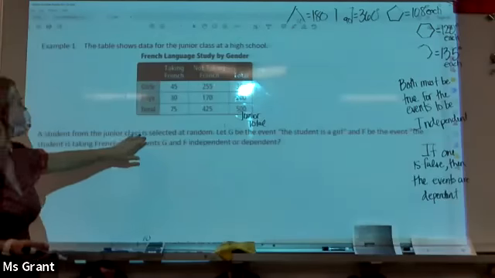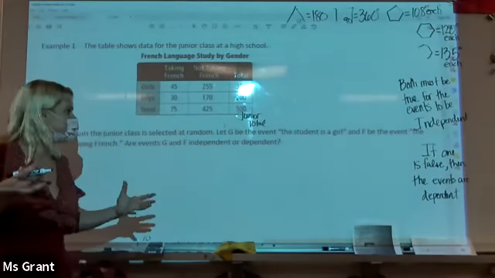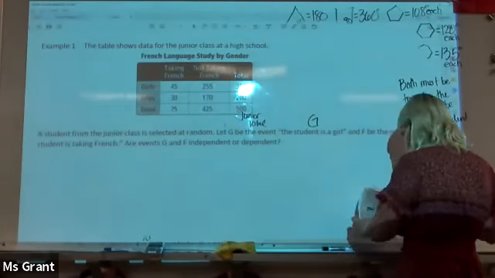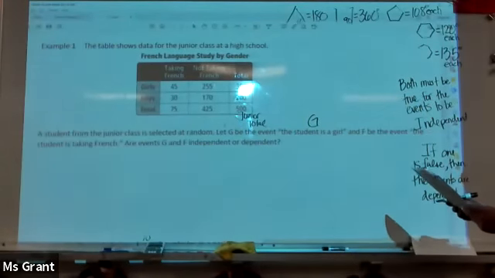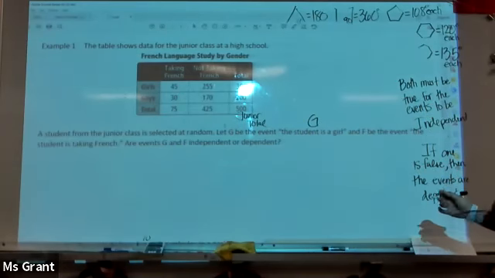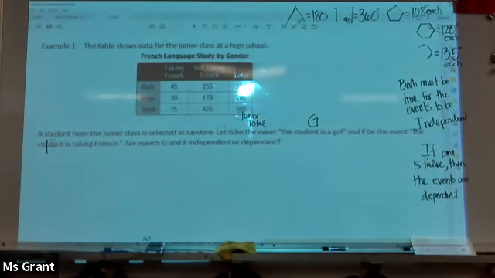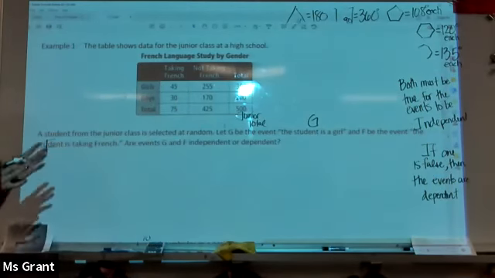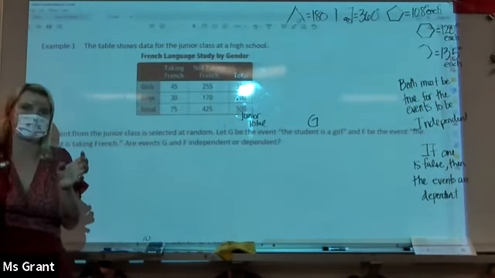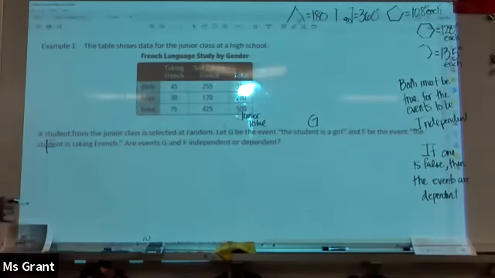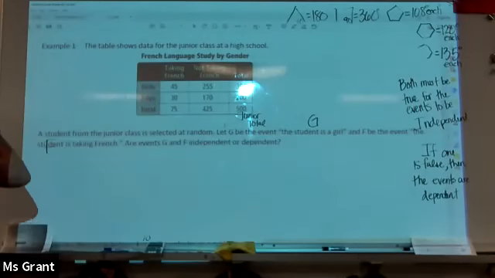A student from the junior class is selected at random. Let G be the student is a girl, put a G above it. And let F be the student who's taking French. I need to represent both. Remember up above how I had the converse, I had 2 parentheses. I need to find out 2 things.